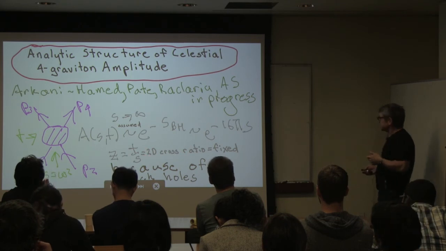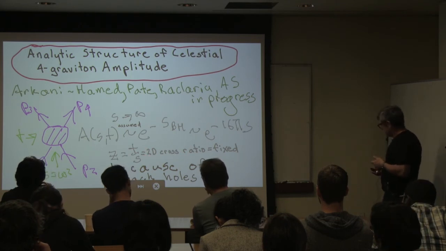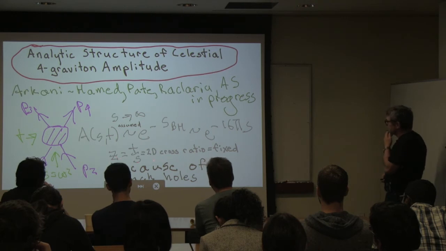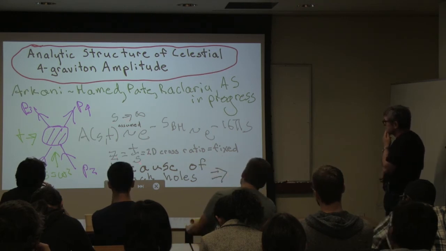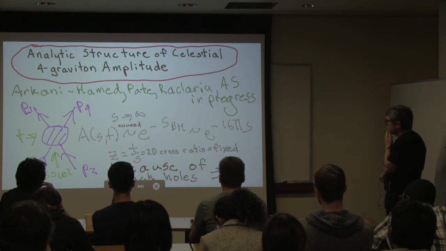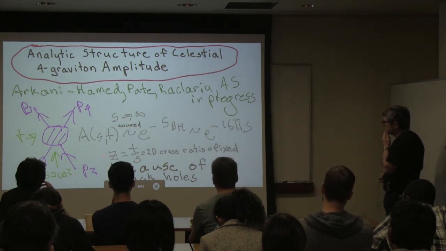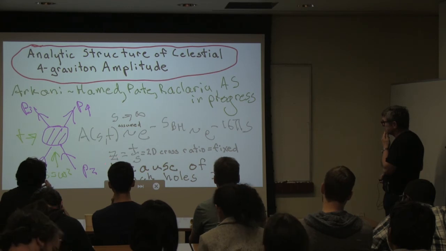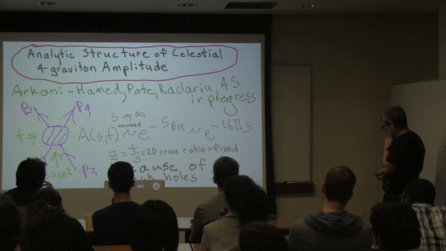Okay, so that's an assumption, and this would apply to the case where we take the center of mass energy to infinity while keeping the ratio of T over S, which works out to be the conformal cross ratio on the sphere, fixed.